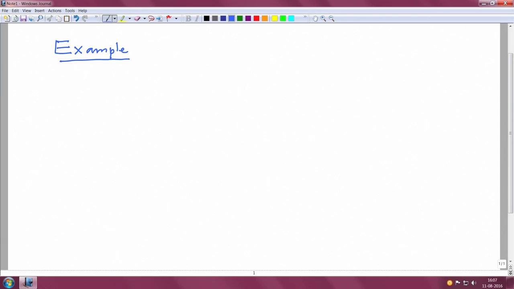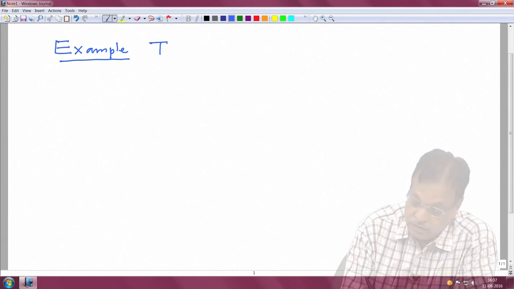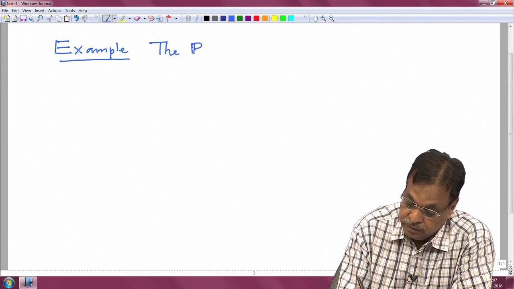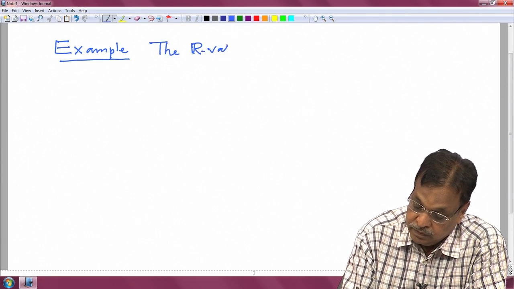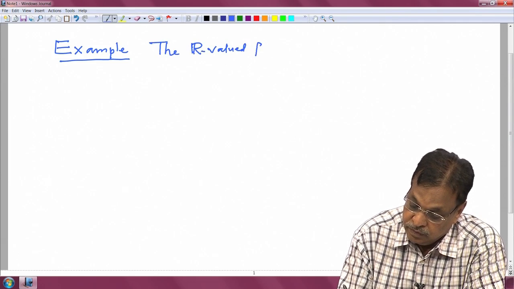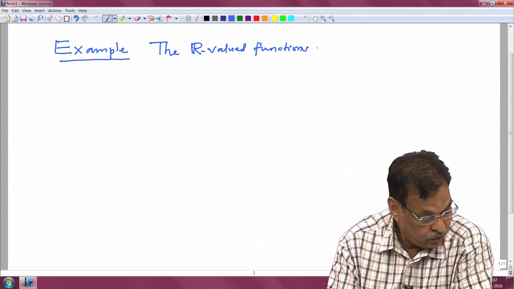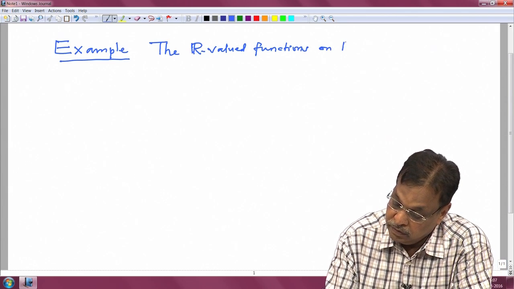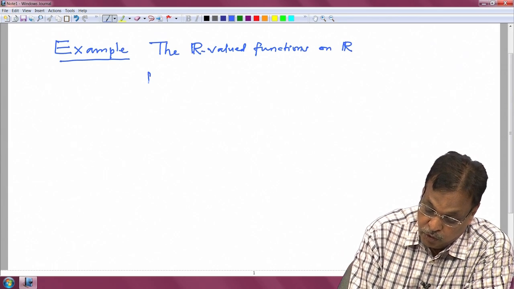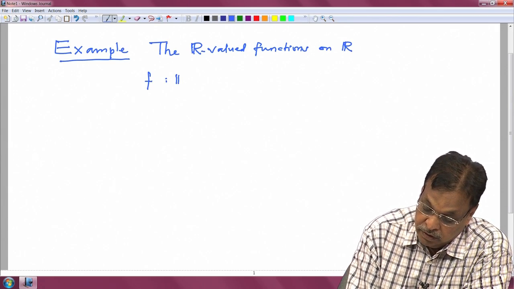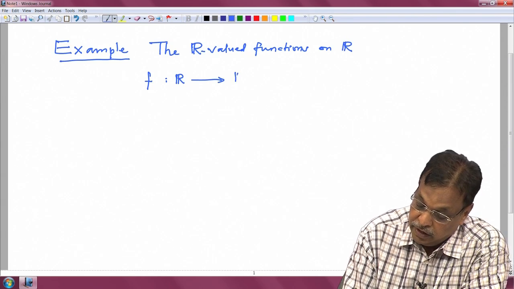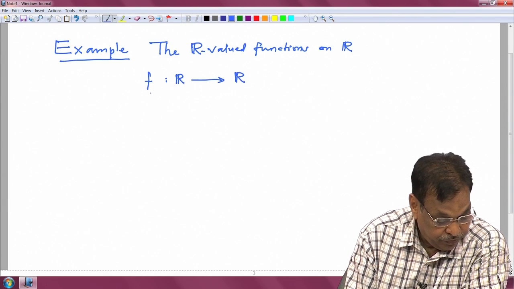This example deals with what one calls in physics spline functions. So, the R valued functions on R, they are functions from R to R, and it is a family.